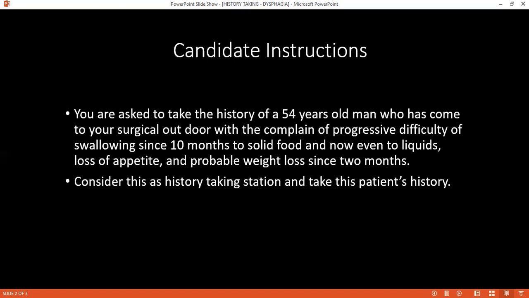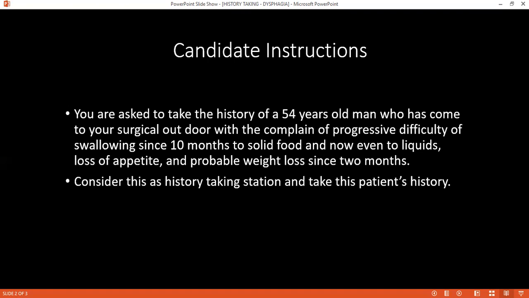Okay. Do you have any other medical condition for which you have been seeing your GP? No, nothing. Do you use any medications? Just some painkillers for my knee pain. What is the name and dose? It's diclofenac 25 milligram.